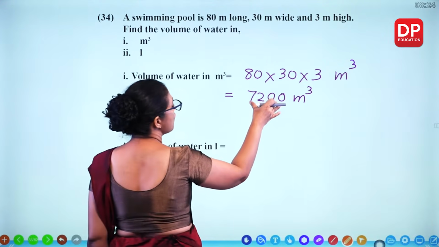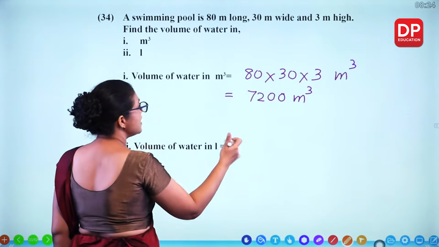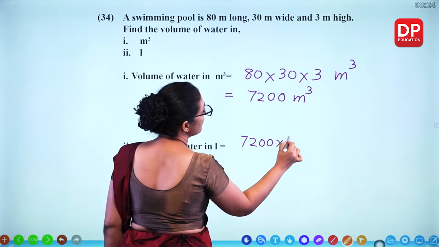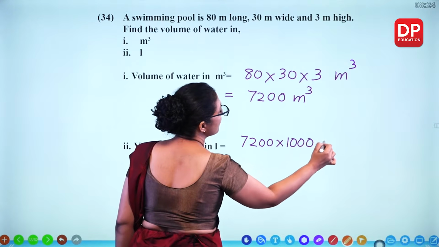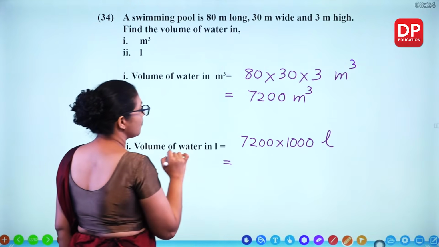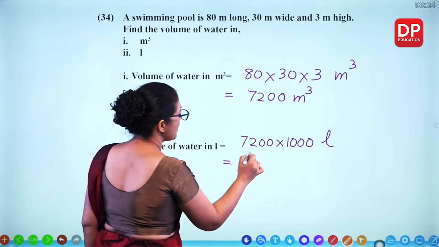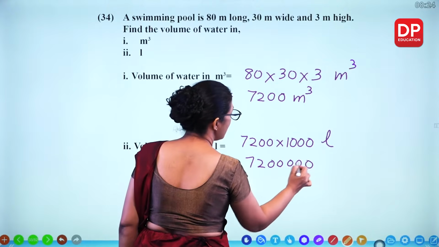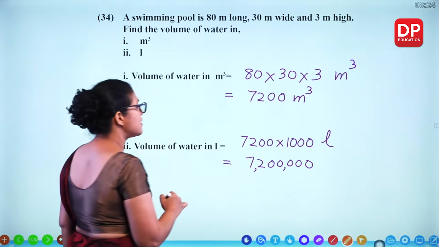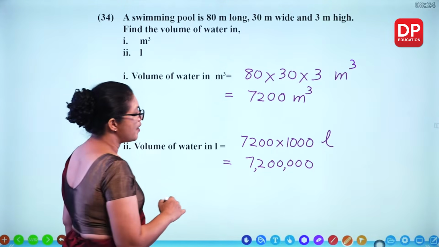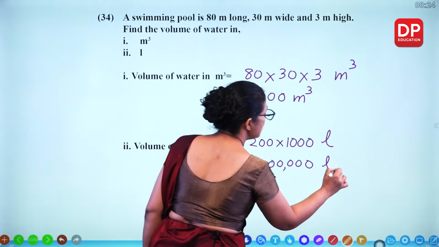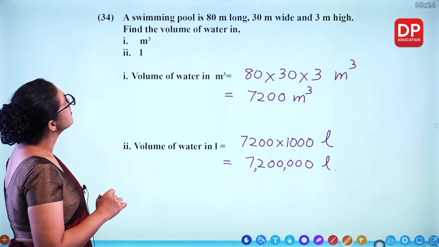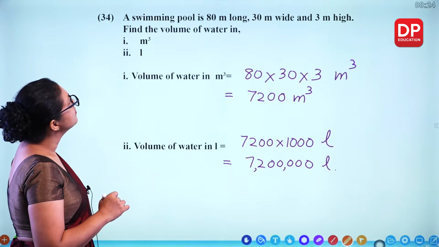So you have to multiply by 1000. So how you read that? 7,200,000 liters is the capacity of water.